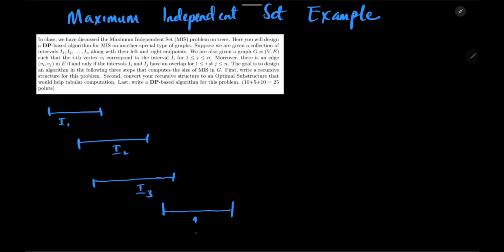We see that interval 1 overlaps with, let's say, this and this. Interval 1 overlaps with interval 2 and interval 3. But interval 1 does not overlap with interval 4 and 5. Instead, intervals 3, 4, 5 overlap. Let's say this and this, they overlap.